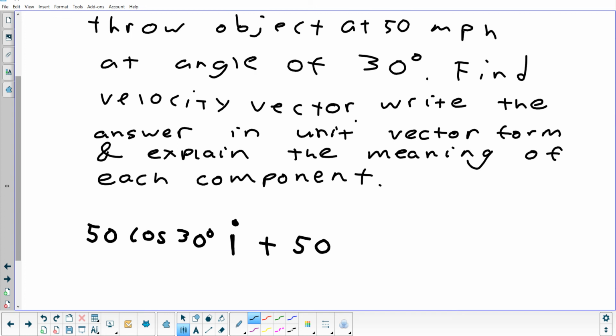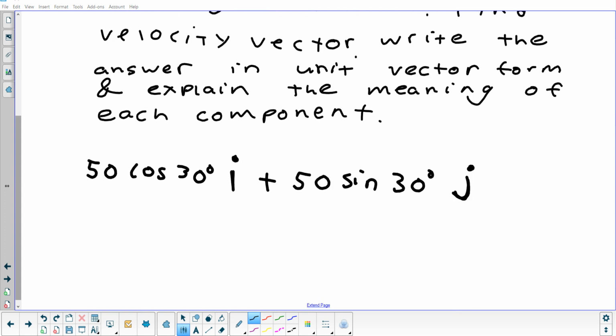There's my speed. With the verticals, or anytime you're doing something vertical, it usually involves the sine function, and the angle is j. Alright, so now let's type that in and see what we get.